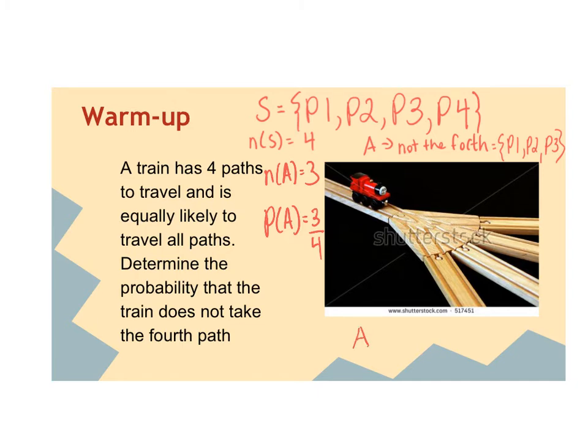A complement, or A apostrophe, is everything we don't want, so it's the fourth path, pathway 4, and that has a value of 1. You'll notice the relationship between N of A and N of A complement: they're supposed to add up to N of S. These are all the things we're going to look at today.